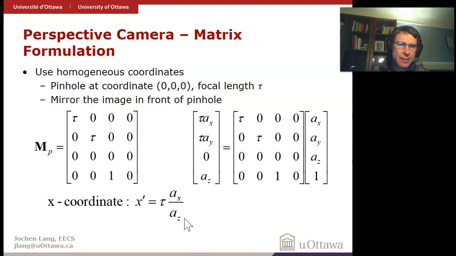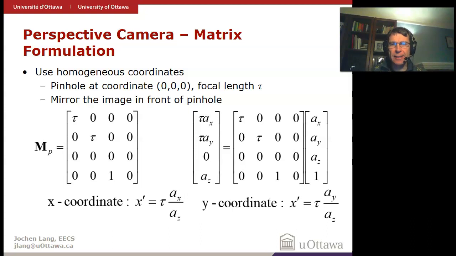When you look at this, this is exactly the pinhole relationship we talked about before. It's the similar triangles, right? The ratio between the focal length and the scene depth is the same as the ratio of the image x versus the scene x. So this is the x coordinate, and the y coordinate works exactly the same. In reality, of course, we don't have any z in a camera.